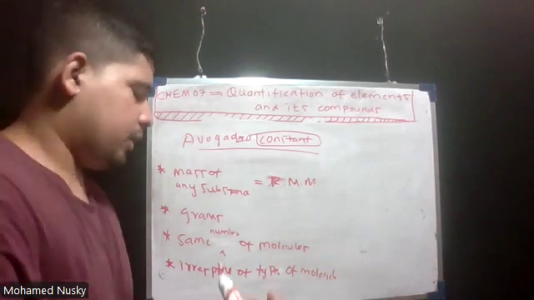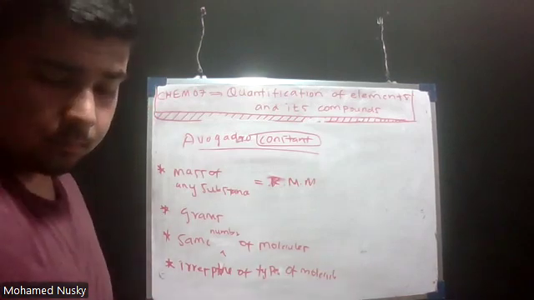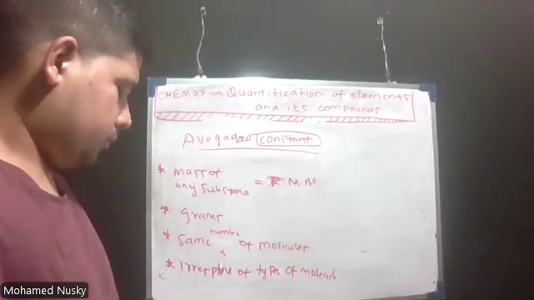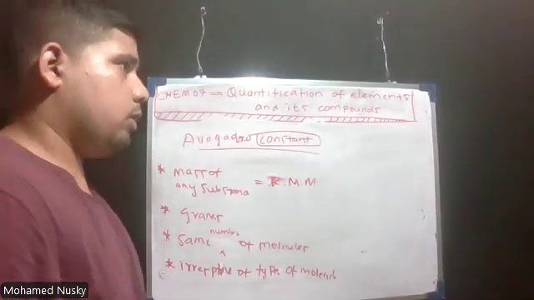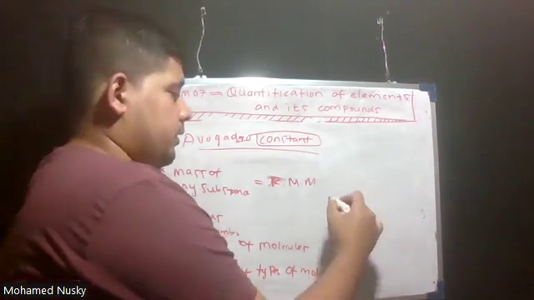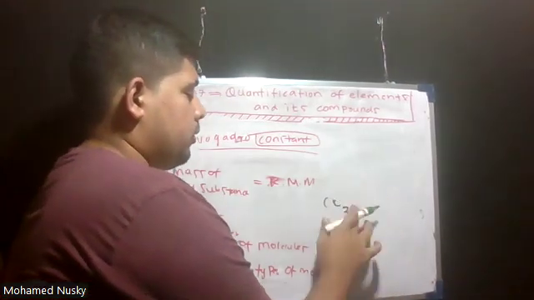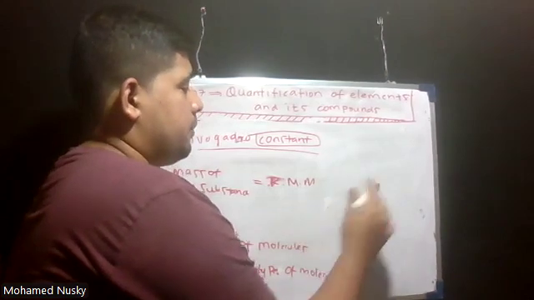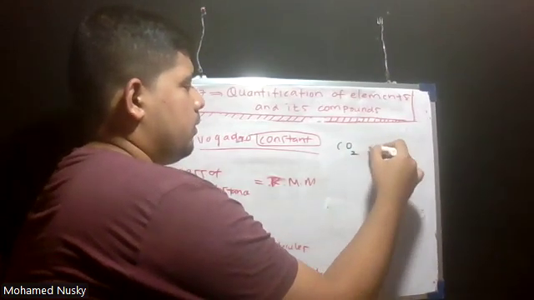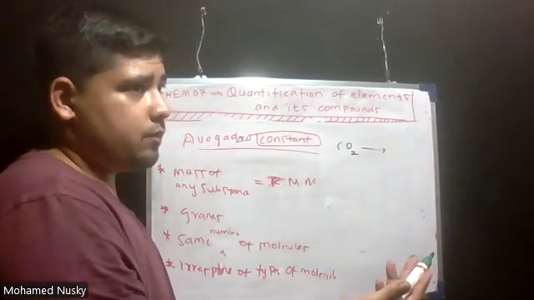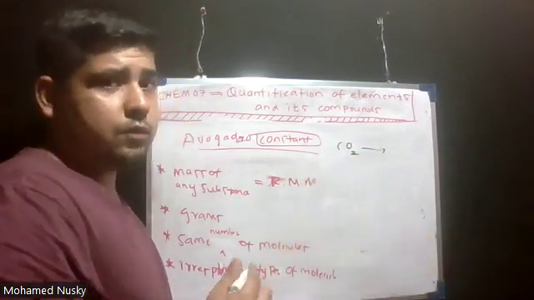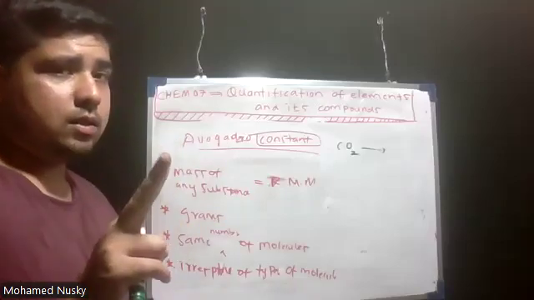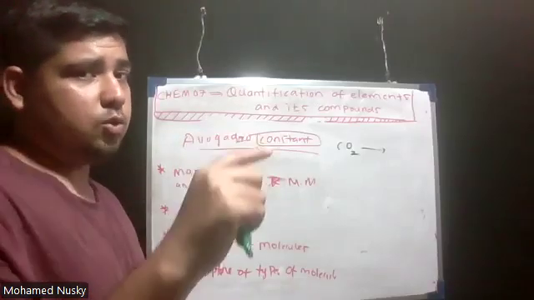Now, for example, let me take CO2. CO2 means carbon dioxide. What is the relative molecular mass of CO2? You know how to find it. There are two ways. One way is with that equation.